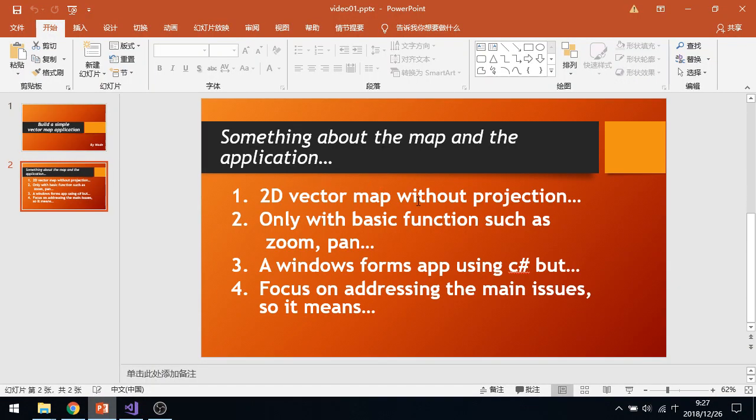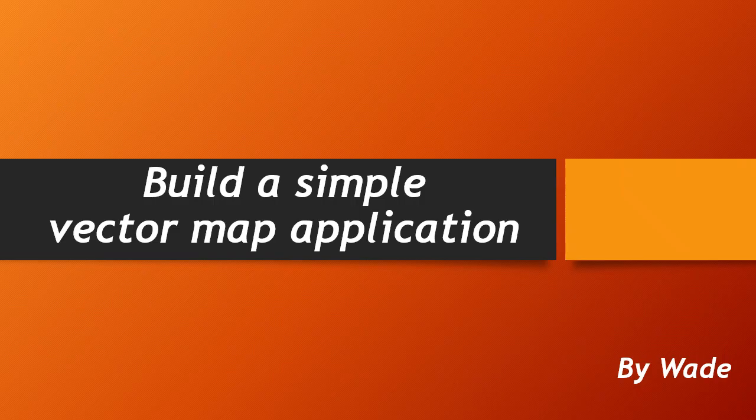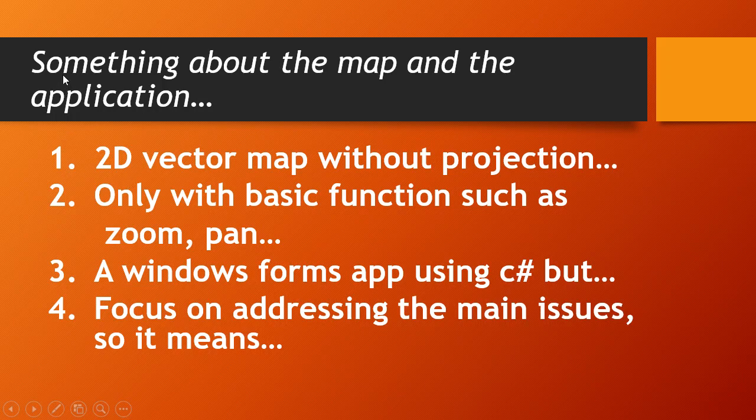At first, I still want to say something about my program. So here's something about the map and the application I want to show you. At first, it's a two-dimensional vector map without projection. It means it's very simple.